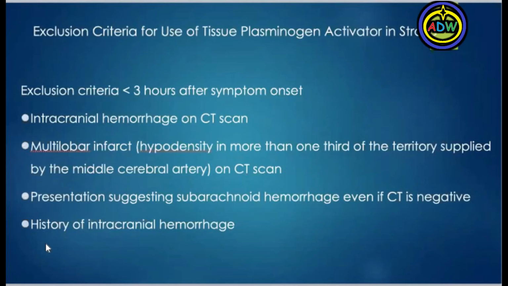If you suspect subarachnoid hemorrhage, even if your patient's CT is negative, for example nuchal rigidity, very severe headache, and no neurological focal signs, it is also a contraindication because we don't give thrombolytic therapy when there is bleeding.